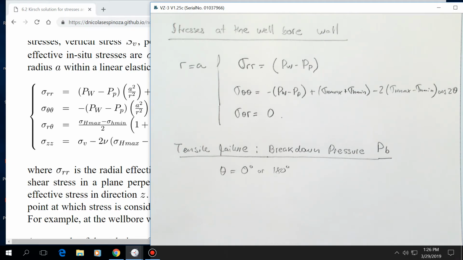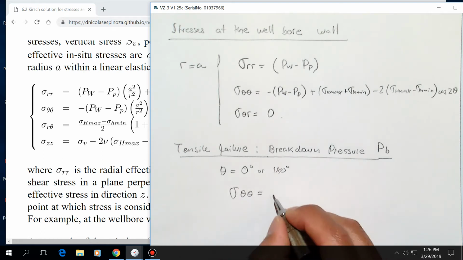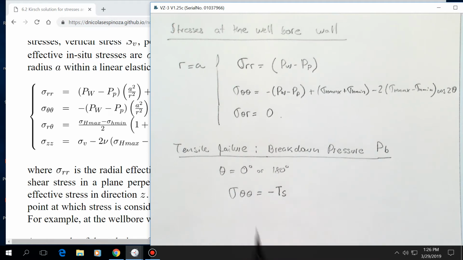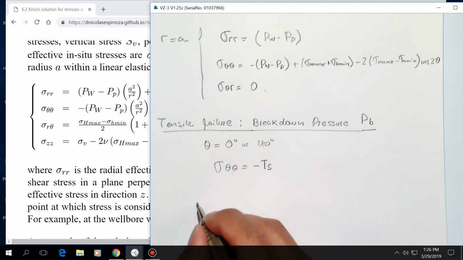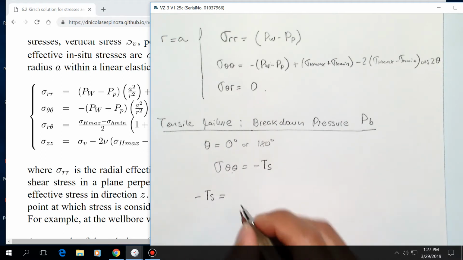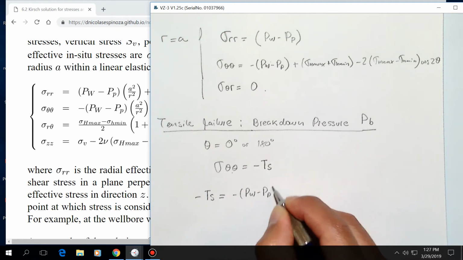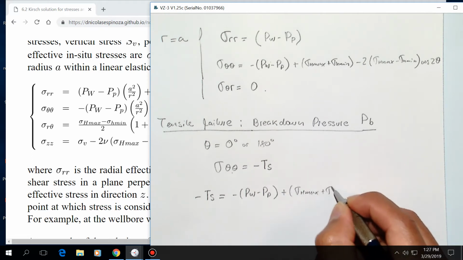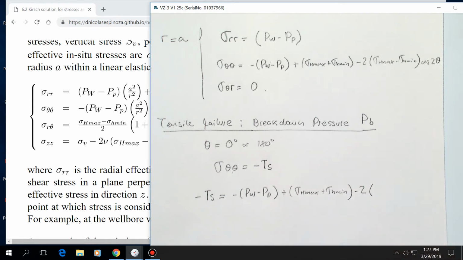And basically, tensile failure is going to occur whenever sigma theta theta reaches the value of the tensile strength. And notice that it's a negative, because there's going to be a tension. So the only thing I'm going to do is to replace this equation into here, and we're going to get that this stress has to be equal to what we wrote over here, and what is going to be the cosine of 0?